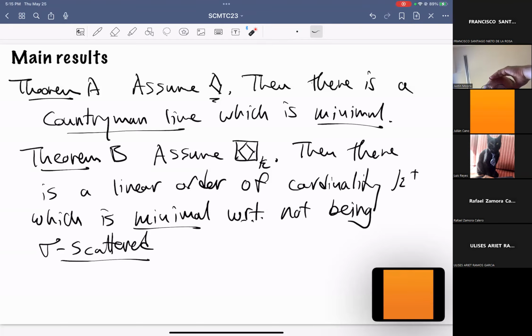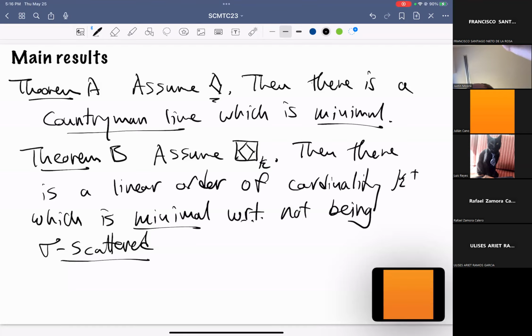And here it's saying that there's a linear order of arbitrarily large cardinality. So if V equals L, for any cardinal kappa, square sub kappa holds. So every successor cardinal will have a linear order of that cardinality which is minimal with respect to not being sigma scattered.